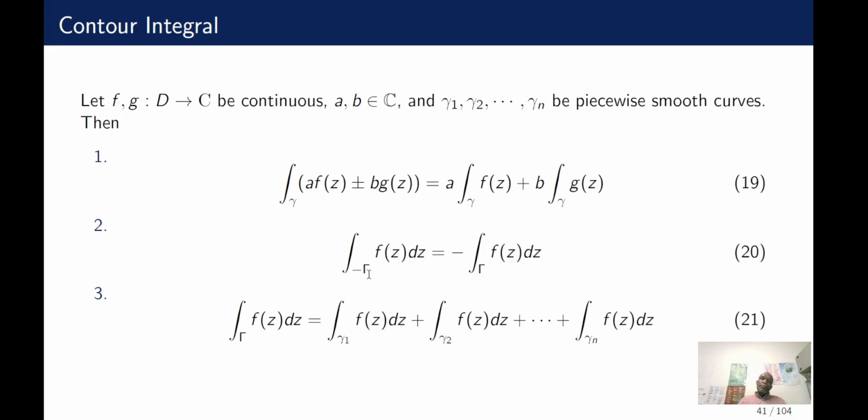And if you integrate in the opposite direction, which you indicate by minus gamma, the integral becomes negative. And if you are integrating over several parts, several segments of the contour, you integrate over each and every part of that contour.